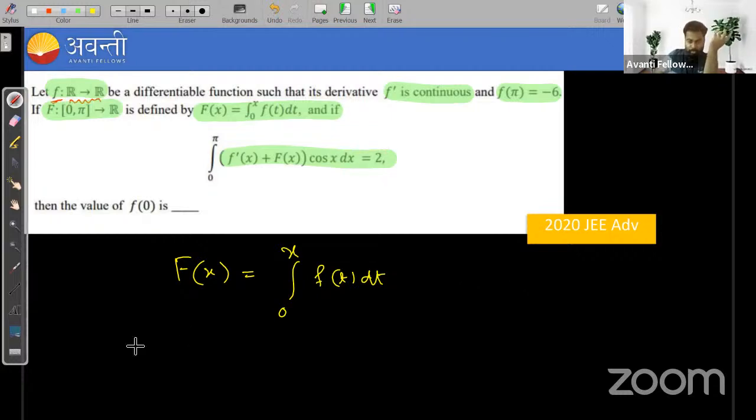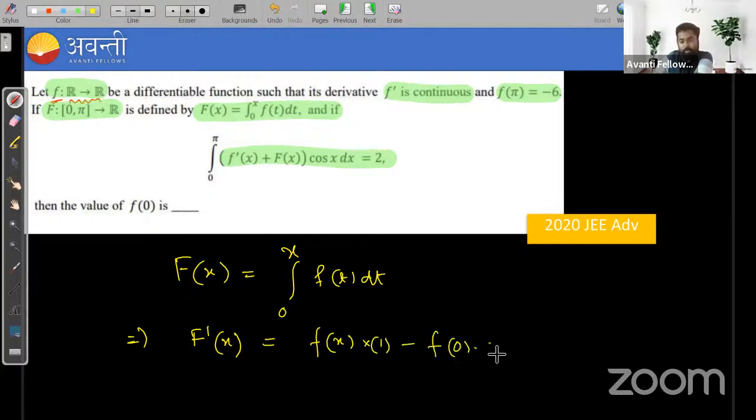If you are asked to find capital F dash of x, it will be f of the upper limit, that is f of x, into the derivative of the upper limit, that is 1, minus f of the lower limit into the derivative of the lower limit.